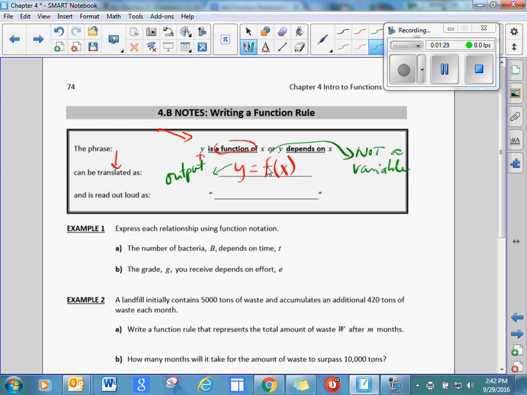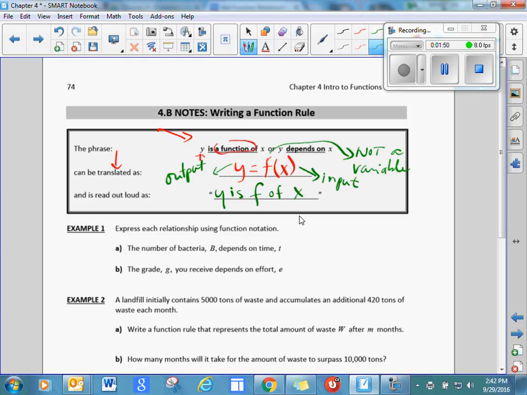Y depends on, or is a function of, the x variable, the input. So you'll get familiar with the way this looks, but this is the mathematical representation for, if we read it out loud, y is f of x.